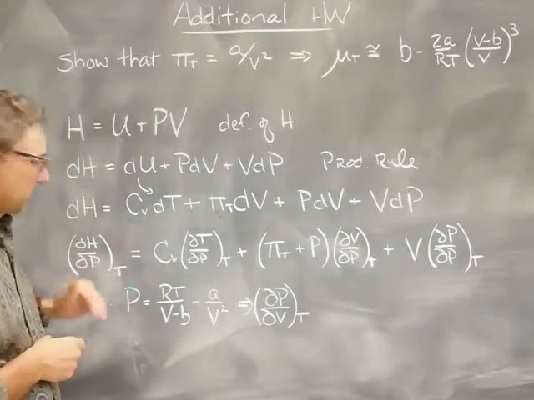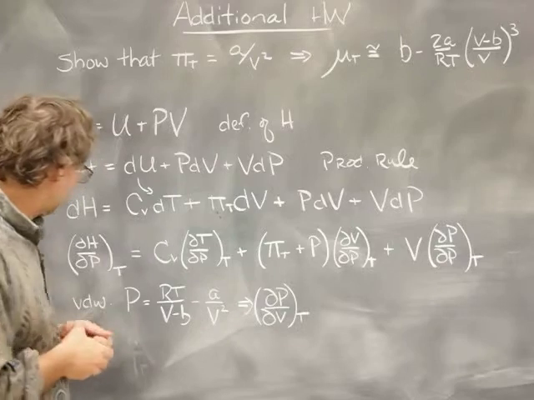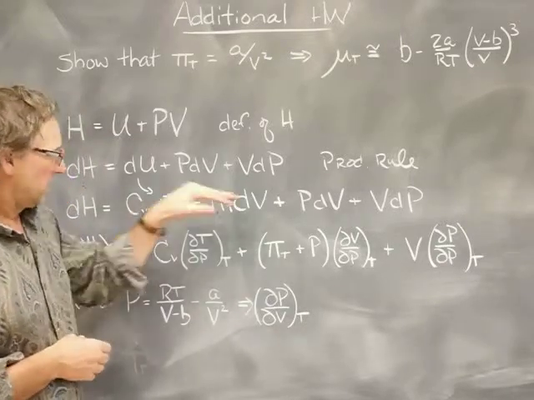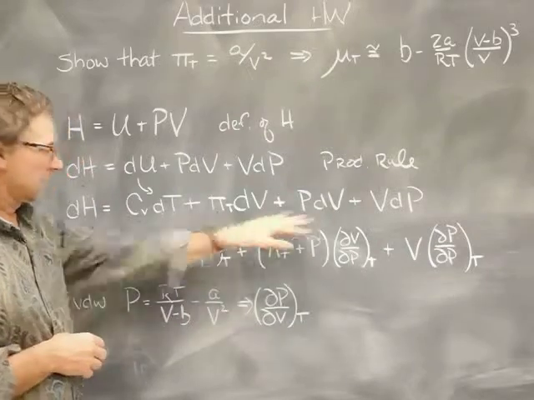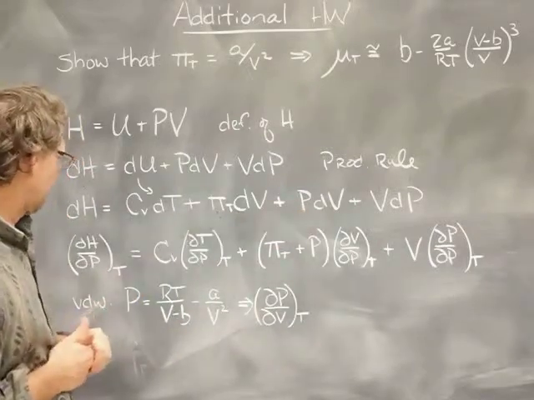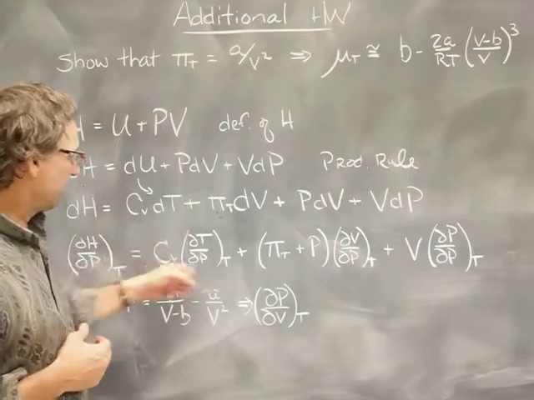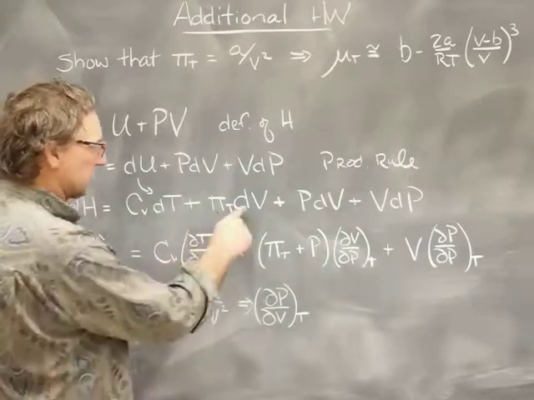Now the next step is the direct partial. It says (∂H/∂P) at constant T is equal to the derivative with respect to pressure, constant temperature, of all the rest of that stuff on the right. And as usual, the constants stay out, so that's C_V, (∂T/∂P)_T. Here I've collected both of the terms.